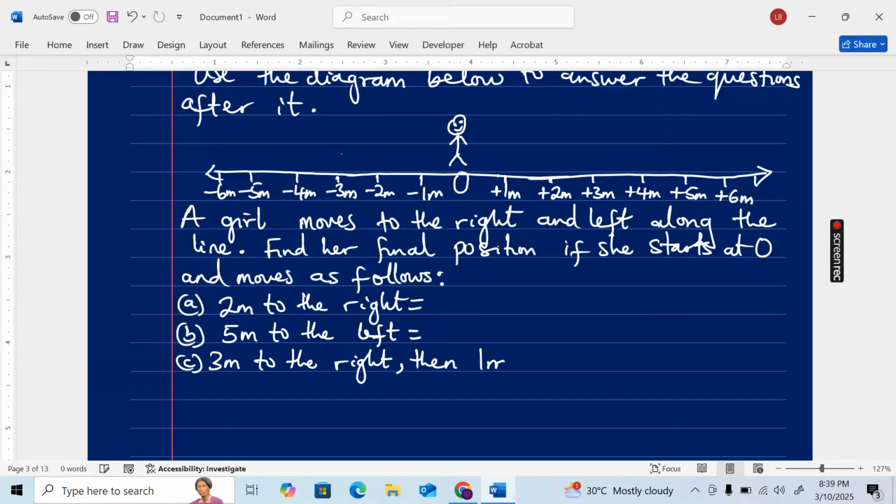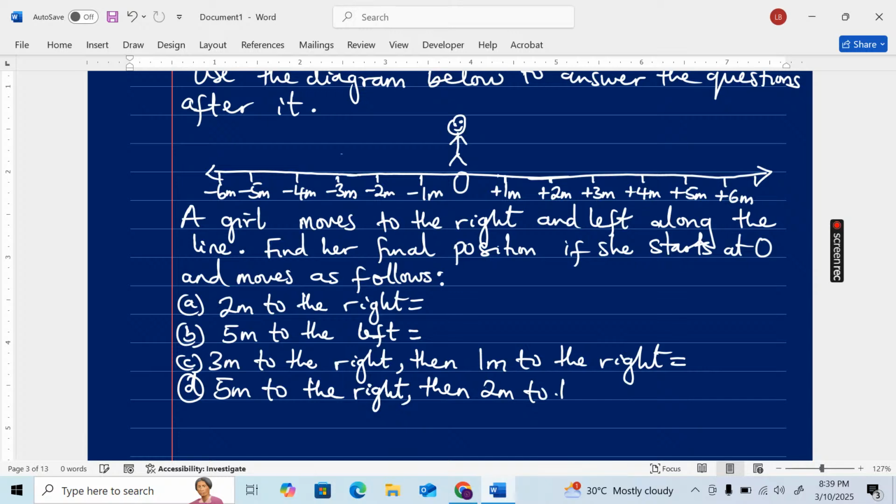Then the next one, we have 5 meters to the right, then 2 meters to the left.